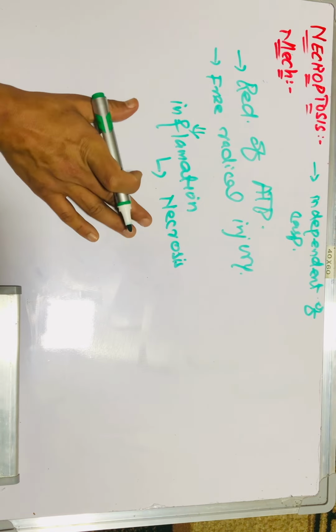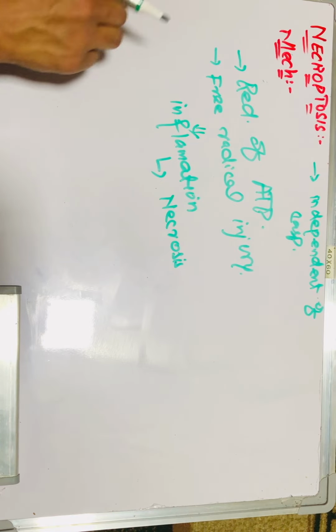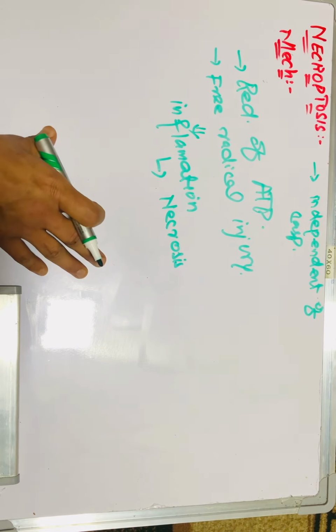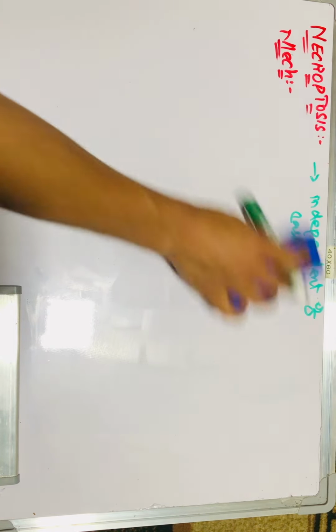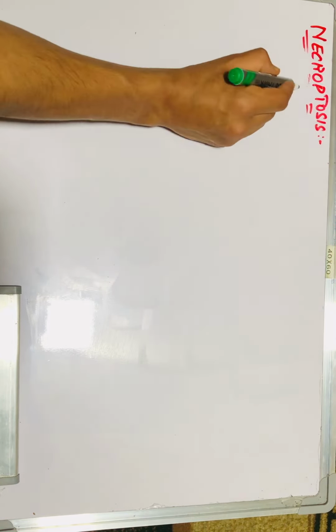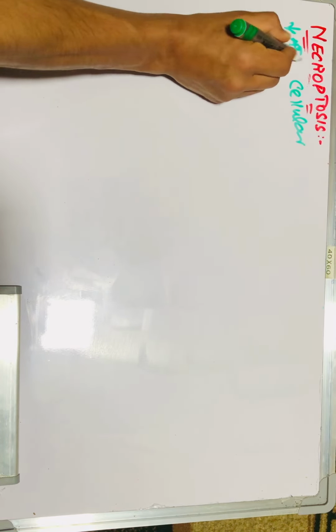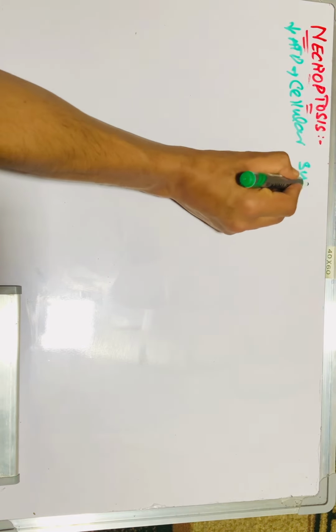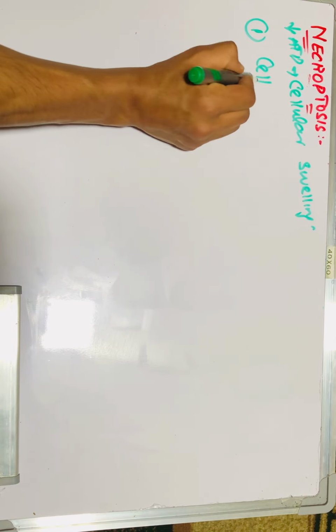So the cell death starts from apoptosis when tumor necrosis factor reacts with receptor 1, and at the end there will be inflammation, which is a necrosis. Decreased ATP will lead to cellular swelling.